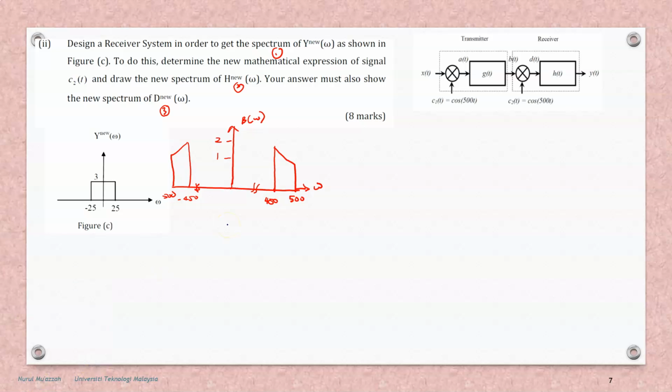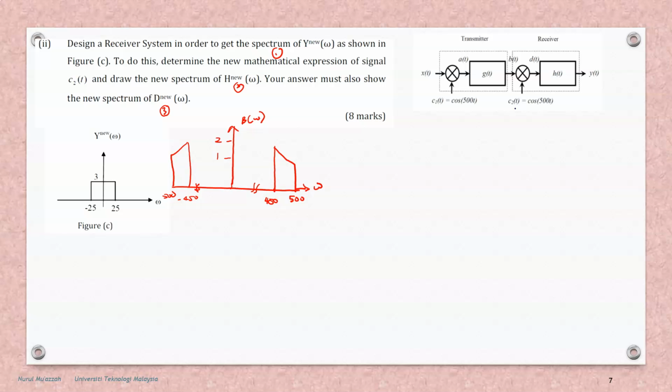Because when we see Y(ω) here, the frequency is between -25 and 25, the new mathematical expression of C2T must consider that frequency.